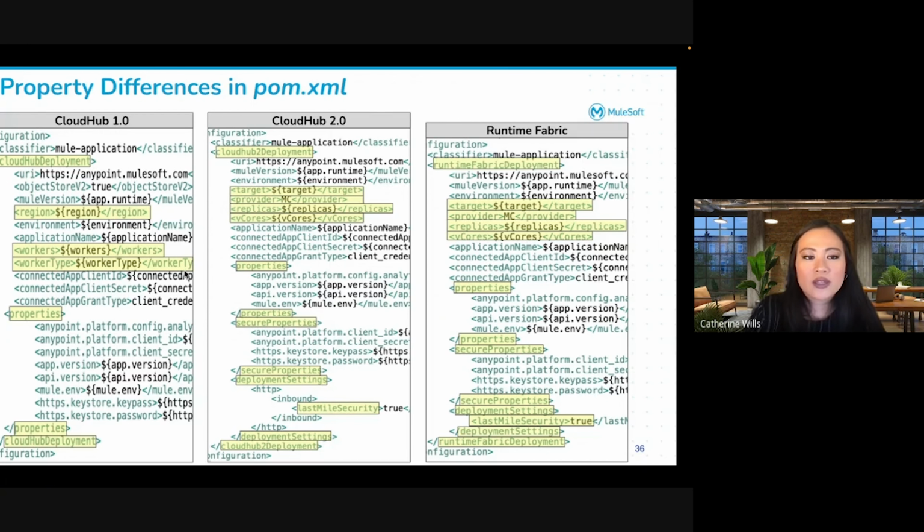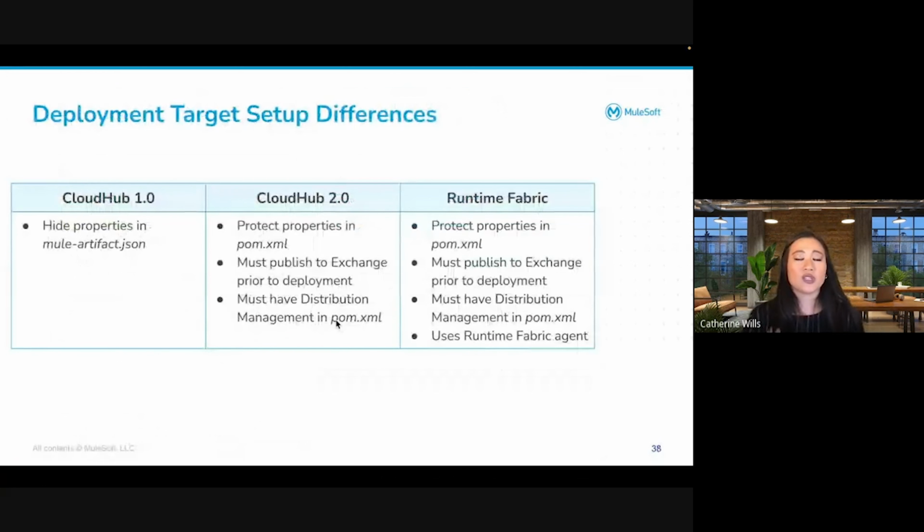While I'm switching over, I did want to point out the deployment target set of differences. If you followed along nicely, you'll see there's not really a whole lot. CloudHub 1.0 is the only one where you hide properties in your Mule artifact JSON. CloudHub 2.0 and Runtime Fabric are very similar, so for them you protect your properties in the POM XML.